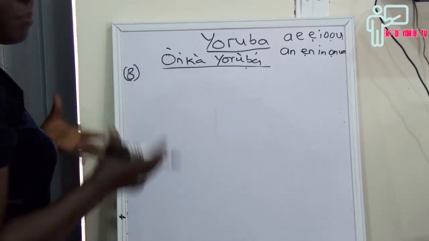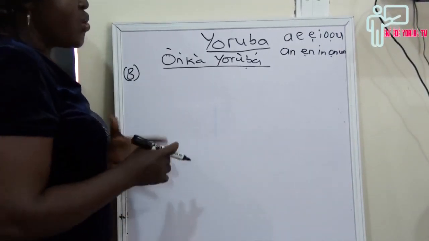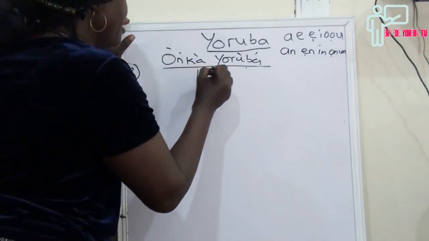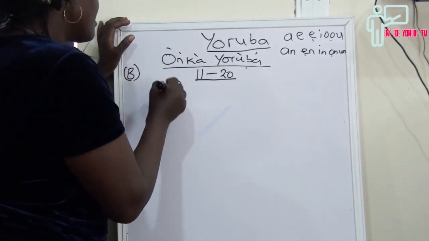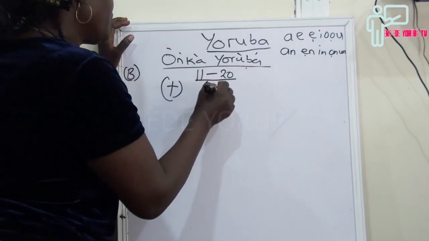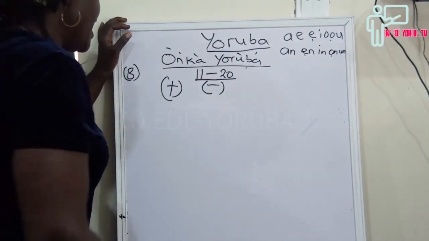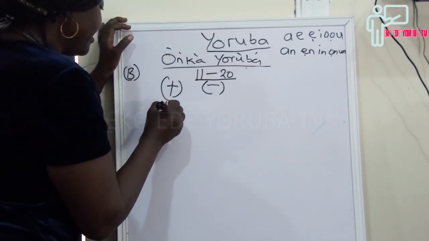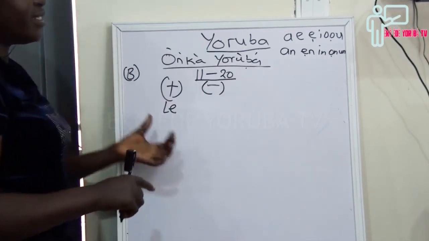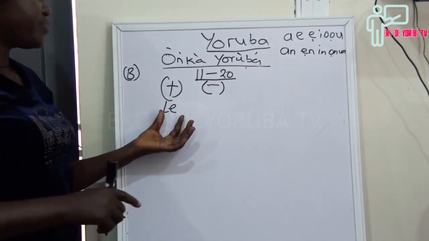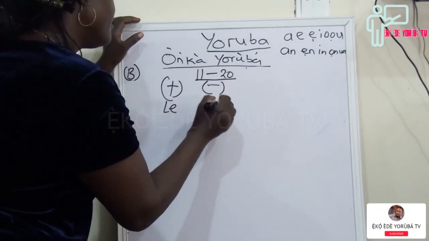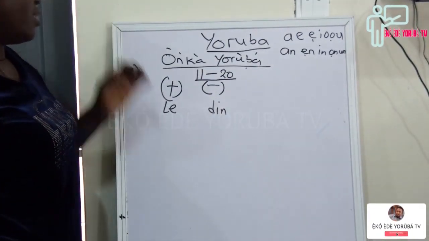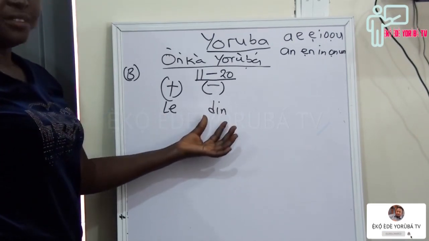We call it apabina. That is, when we are going for 11 to 20, we'll be having plus and minus. In Yoruba, we call this one le, this plus. This one we call din. Le, din.